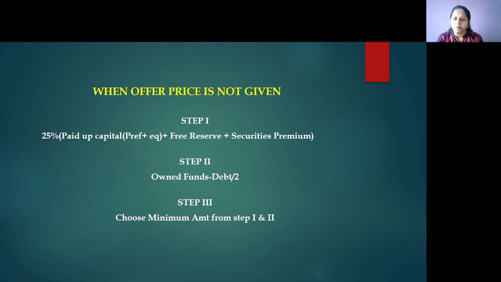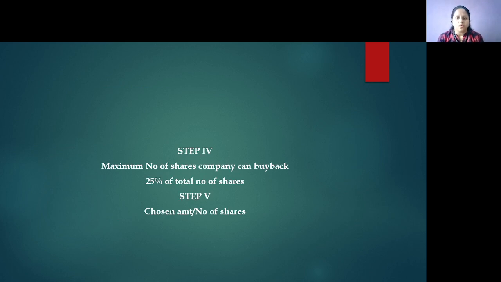We select the minimum from step 1 and step 2. Now, how many shares can the company buy back at maximum? We know 25% of the shares. So the chosen amount, the minimum amount from step 1 and step 2, upon the number of shares, you will get the offer price. The number of shares we know is 25% of total shares. So what was the difference between level 2 and level 3?